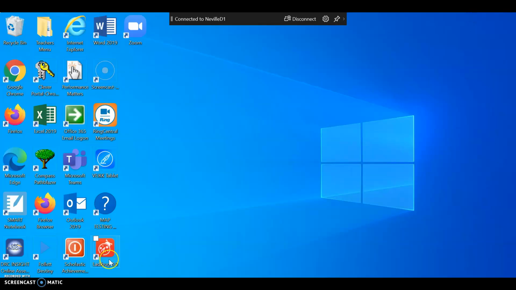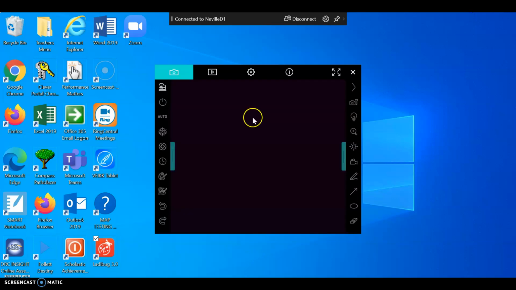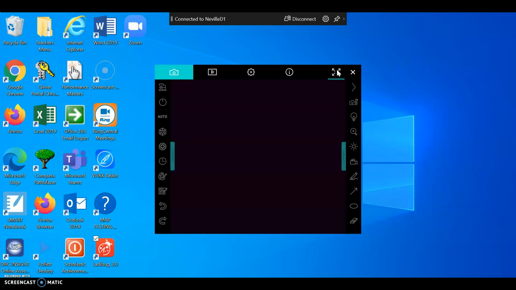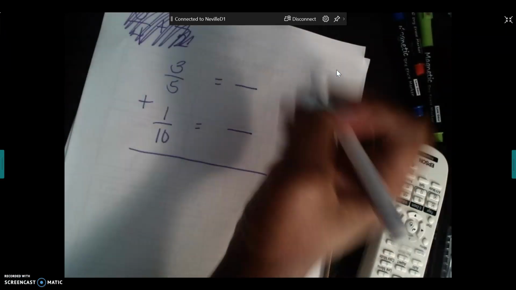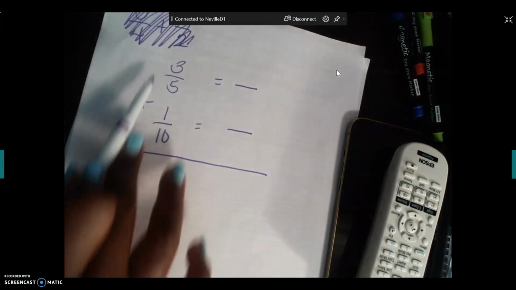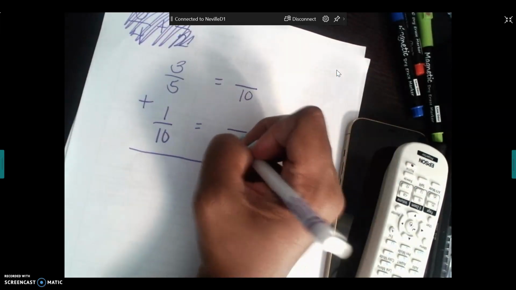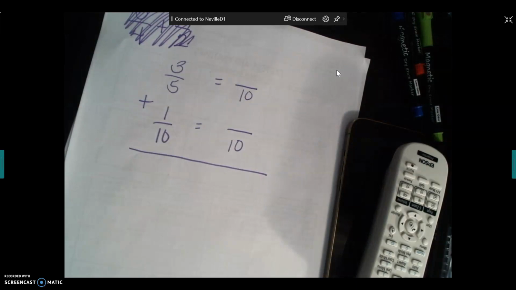So I want to look at that first one with you there. Just to make sure that the strategies we're using incorporate that GCF or LCM. I want you to understand that before I can add these two fractions together, their denominators must match.